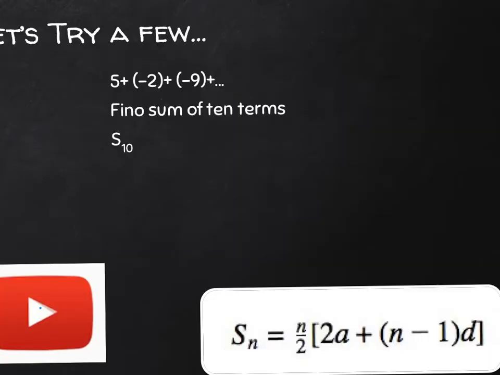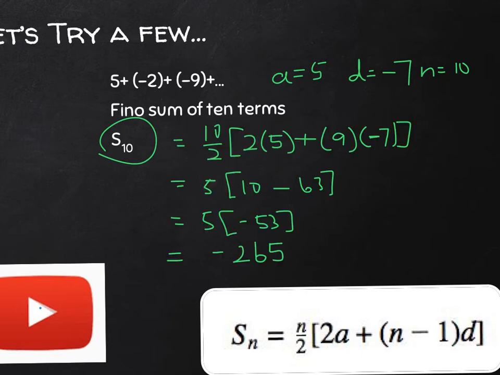Let's try another one. Looking at this, I see that a equals 5 is my first term. d equals -7, because I'm going down by 7 each time. And n equals 10. I put all of those numbers into the formula and find the sum of the first 10 terms.